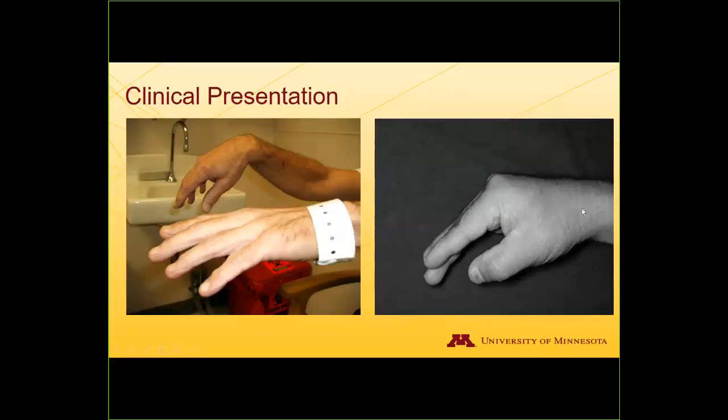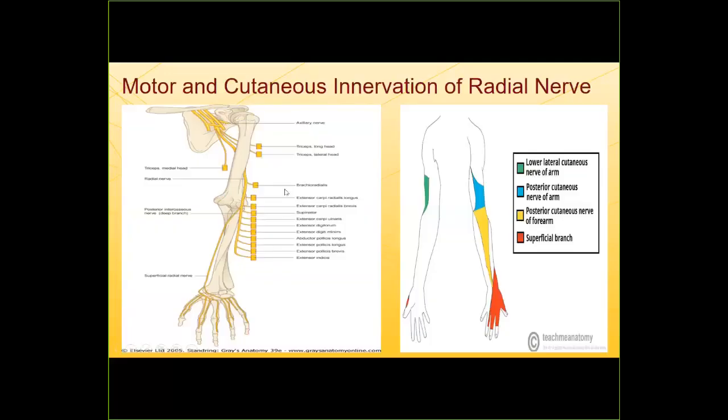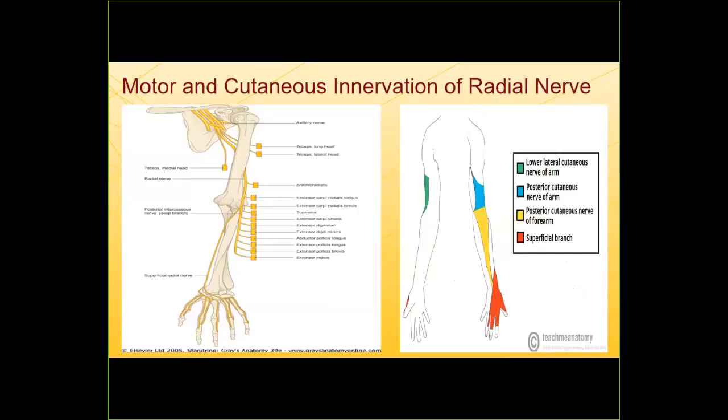There are two branches of the radial nerve after it travels into the forearm. There is the deep branch, which becomes the posterior interosseous nerve, and there's the superficial sensory branch. Well, there's a motor problem here, so it can't be sensory in nature, necessarily. So we're talking about a problem with the posterior interosseous nerve.